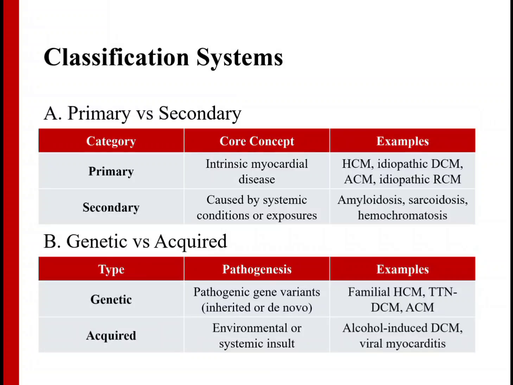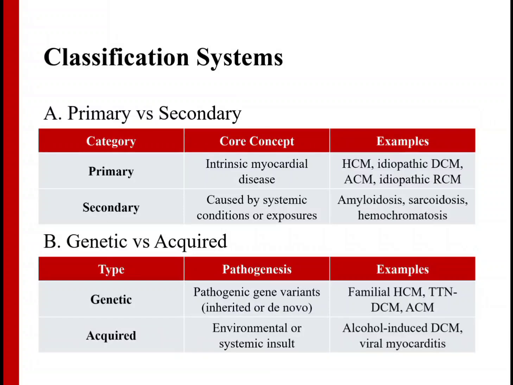Then comes the genetic axis, genetic versus acquired. Many primary cardiomyopathies are genetically driven, so there are some mutations that may be in the sarcomeric proteins or in the desmosomal structures or nuclear scaffolding proteins.